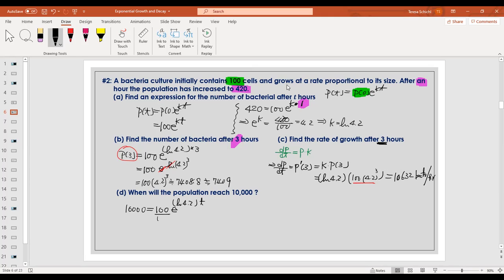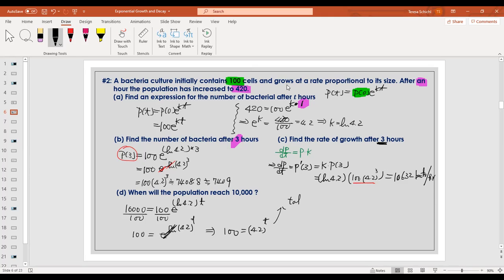You can divide both sides by 100, so this will be 100 is equal to e to the natural log of 4.2 times t. These two you can cancel out, so 100 is equal to 4.2 to the t. How do you solve this?